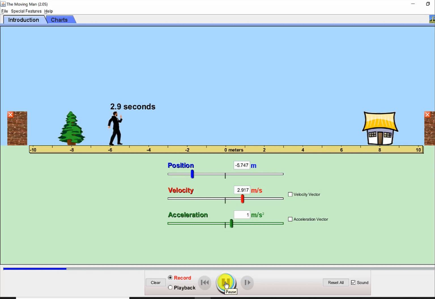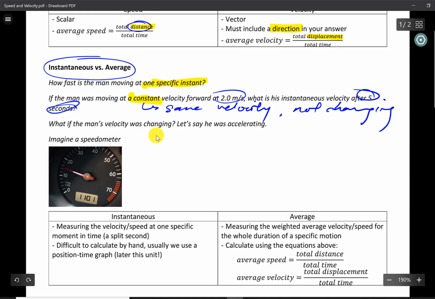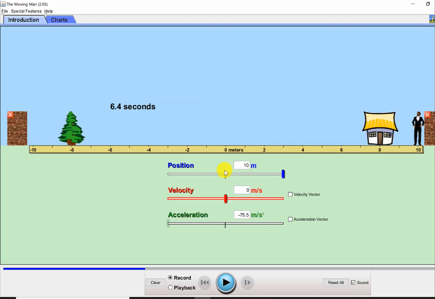Look at that. Look at him go. Look at his velocity change. Okay, so there we have him all the way at the very end. Notice his velocity was constantly changing as he moved. You can see his velocity going up in terms of a numerical value.